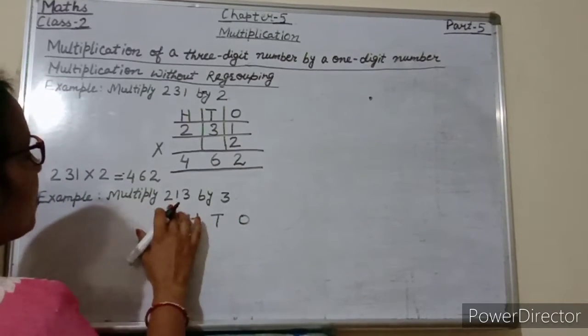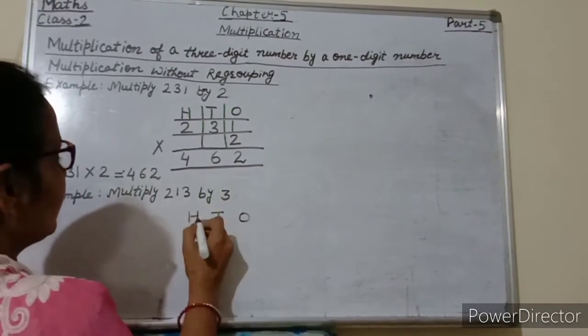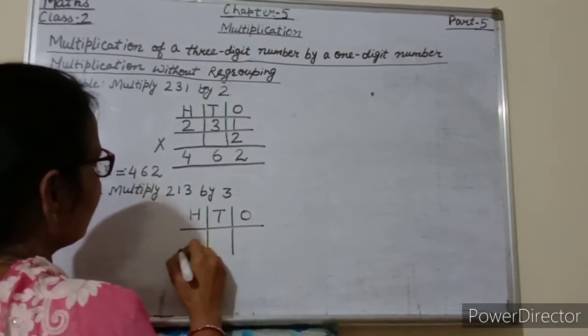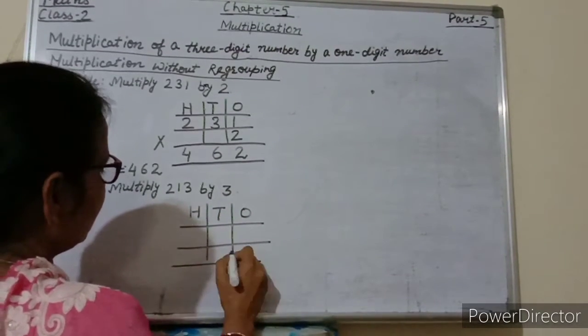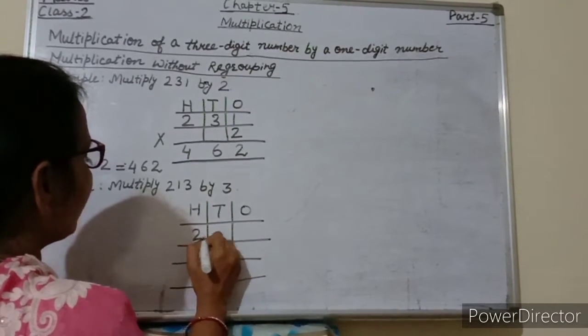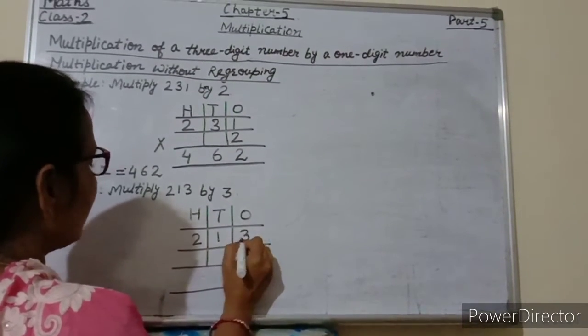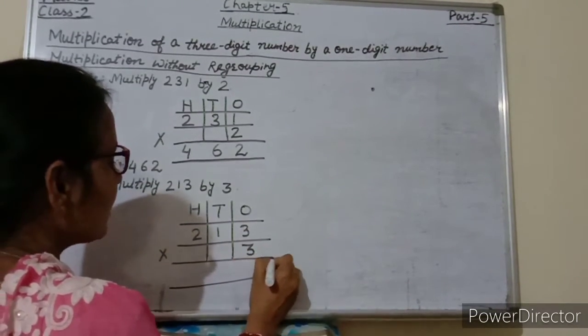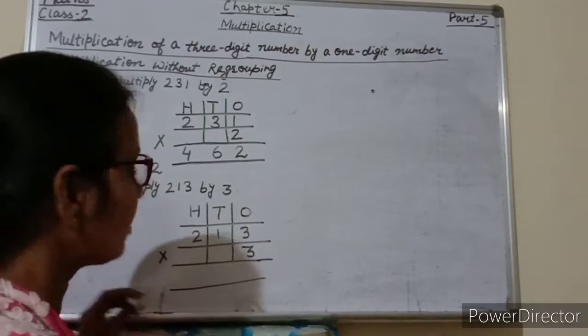Multiply 213 by 3. First of all we will write 213 into 3. The same process we have to do here also.